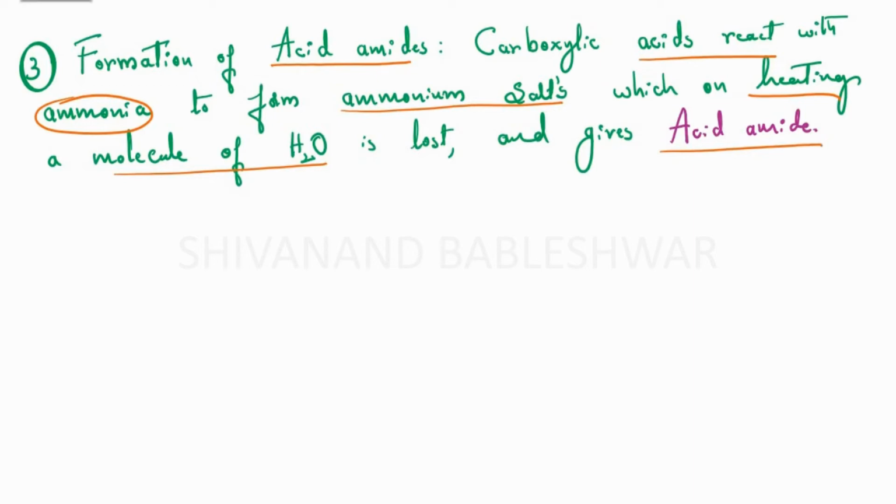Let us have the general reaction, GR. So let me write the carboxylic acid RCOOH, when treated with ammonia. One should remember ammonia is a base because it has a lone pair of electrons, and our acid is simply called carboxylic acid. There is a formation of salt, and that salt is RCOO minus NH4 plus.